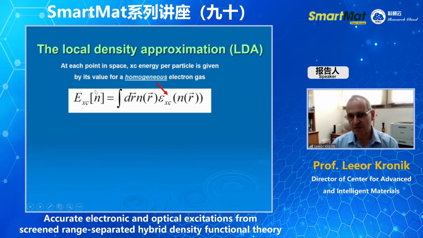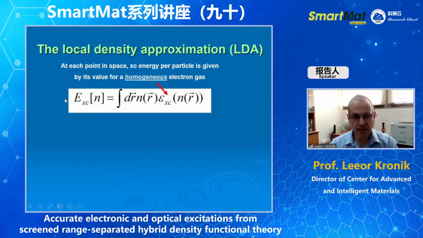The simplest and also historically the first approximation is known as the local density approximation. And that just says that, well, we don't know the solution to the general problem, but we can solve the relatively simple problem of a homogeneous electron gas once and for all.